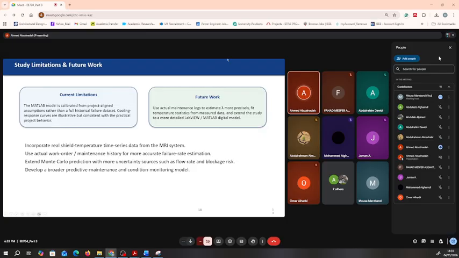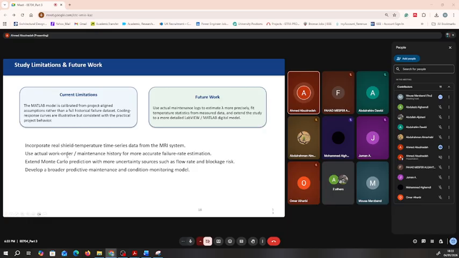Current limitation: the MATLAB model is calibrated from project-aligned assumptions rather than full historical failure statistics. Cooling response curves are illustrative but consistent with the practical project behavior. Future work: use actual maintenance logs to estimate lambda more precisely, feed temperature statistics from measured data, and extend the study to more detailed LabVIEW or MATLAB digital models.